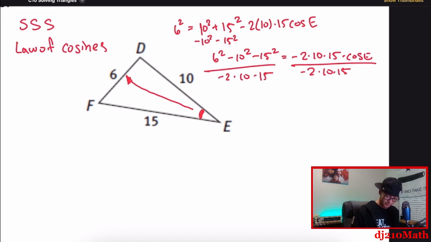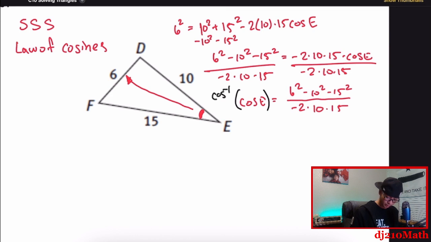So cosine of E is equal to all that. Could I simplify this? Yeah, I could. Am I going to? Nah. So then, inverse cosine. That's the only way to cancel this out.